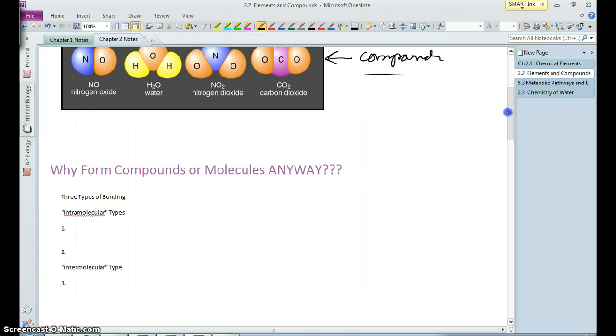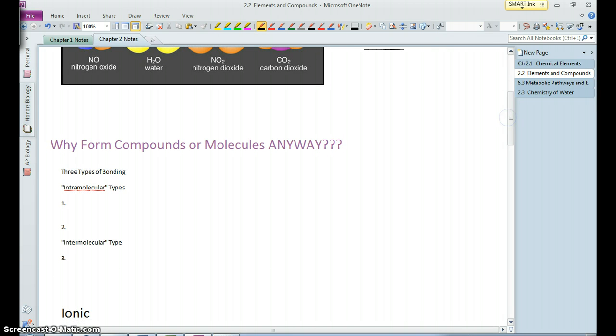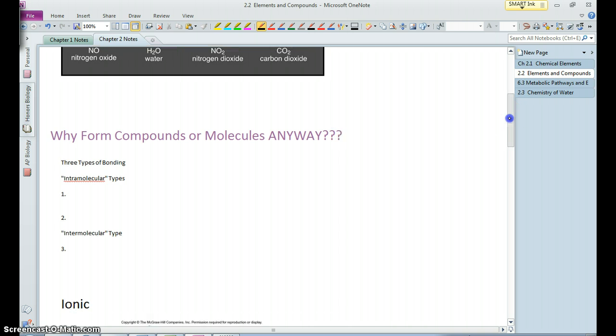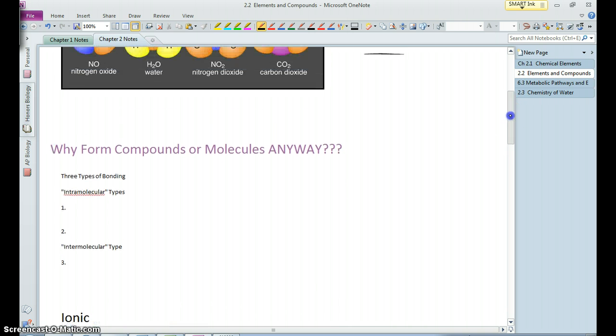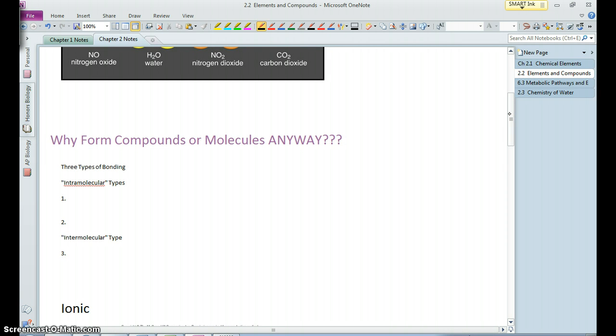Okay, so what's holding these atoms together? Well, that's chemical bonds. And so, as we know, there are several types of chemical bonds, and there are ones that basically hold the atoms of molecules together, so they're within the molecule.